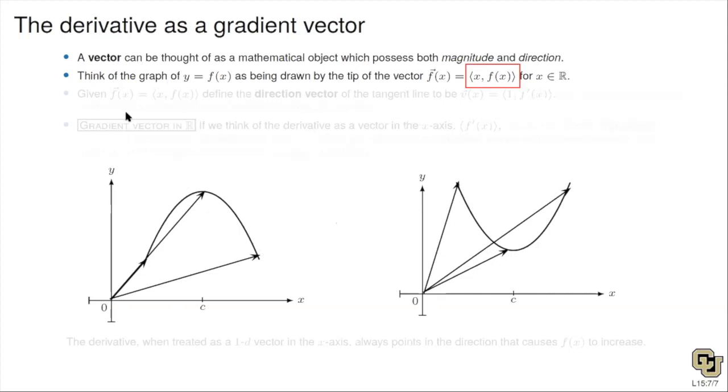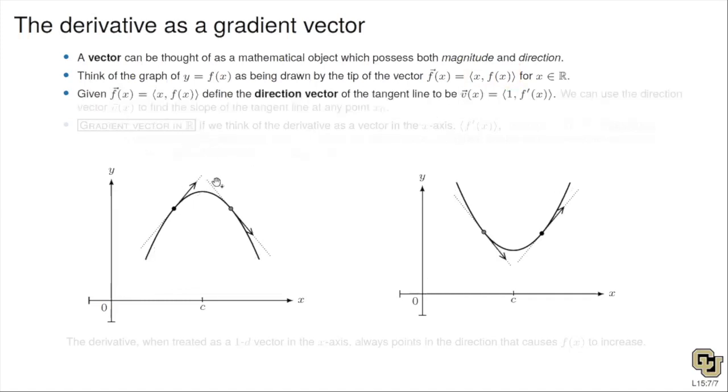But now, once we have this function drawn with the vector, instead of talking about the derivative directly, we talk about what's called a direction vector of the tangent line. So here we have a vector of the form 1, f prime of x. The 1 means that the vector will always point to the right.